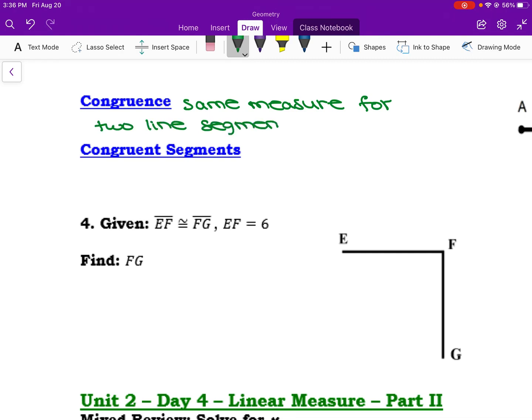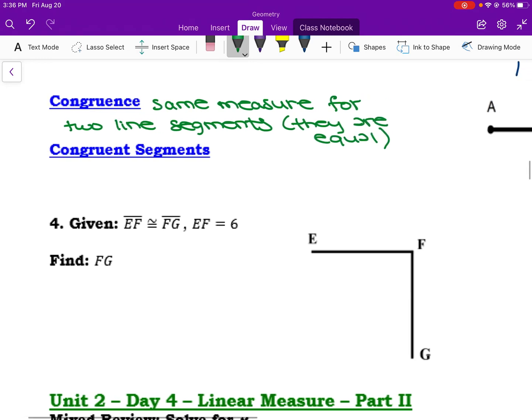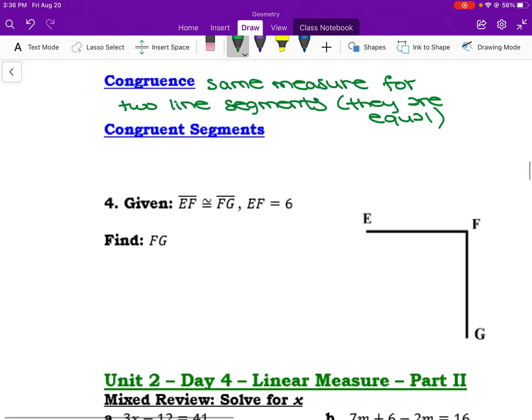This is just another way of saying that the line segments are equal. So let's just say they are equal. When we talk about congruence statements, it has us equating our two line segments with a congruence symbol, which is a little equal sign with this curvy tilde on top. So this is the sign that equates my two line segments.